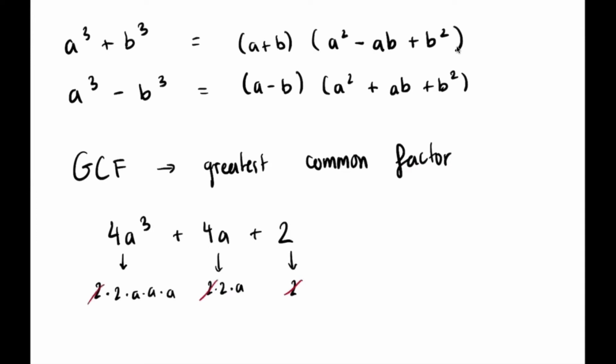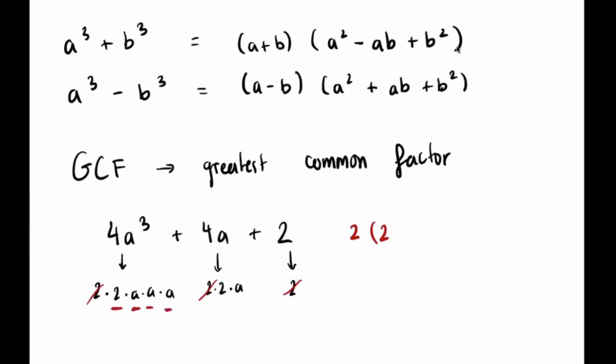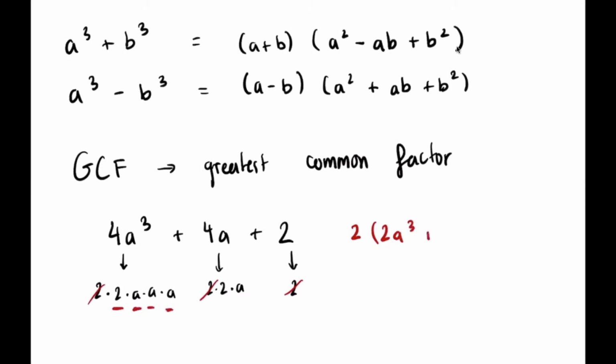Okay, so how can we rewrite this? We will rewrite it as 2 times 2a cubed plus 2a, then plus 1.